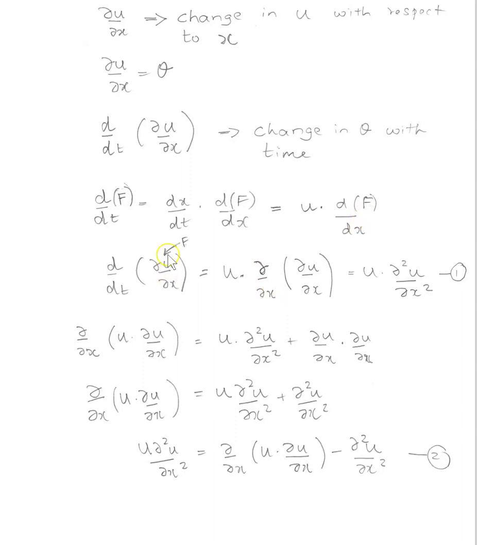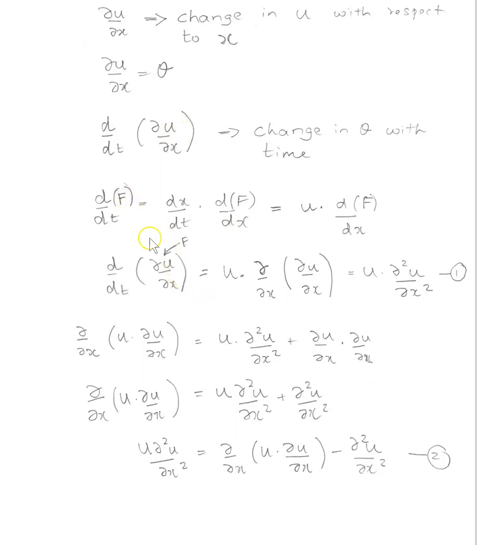Now f is equal to partial u over partial x. Okay, so we just said df over dt equals dx over dt times df over dx. The dx cancels out, df over dt, and dx over dt becomes u. And here instead of f, we are just going to put partial u over partial x.